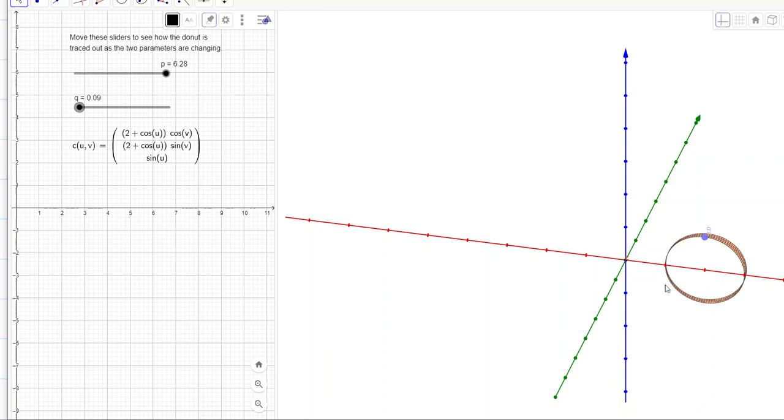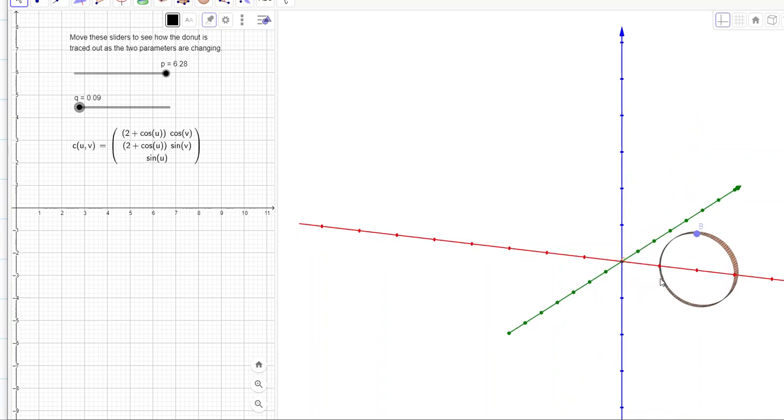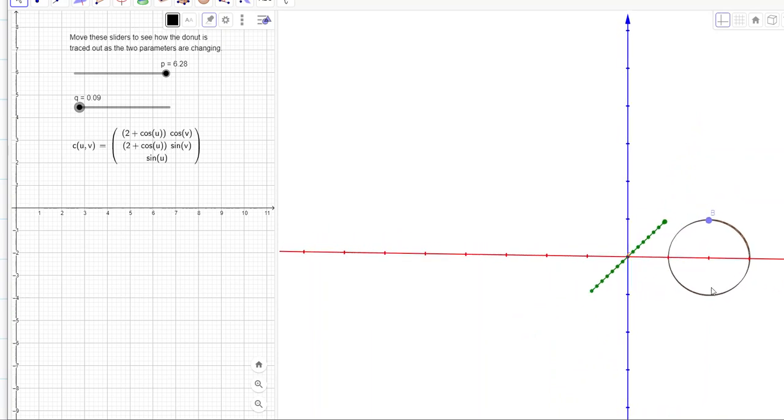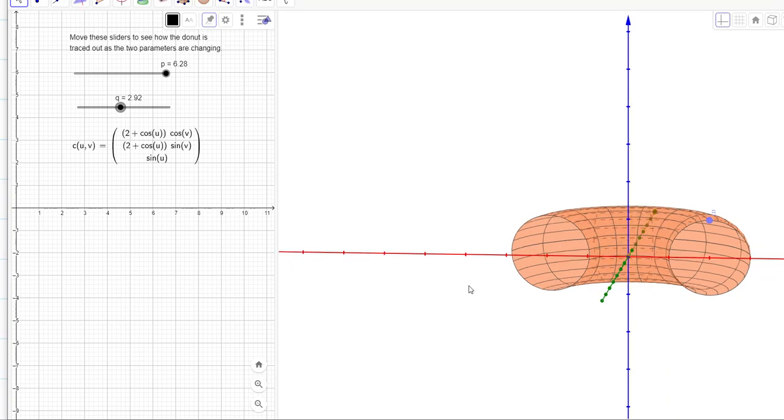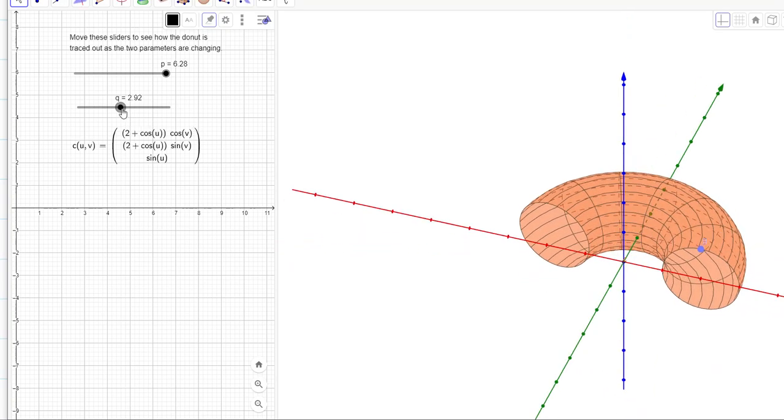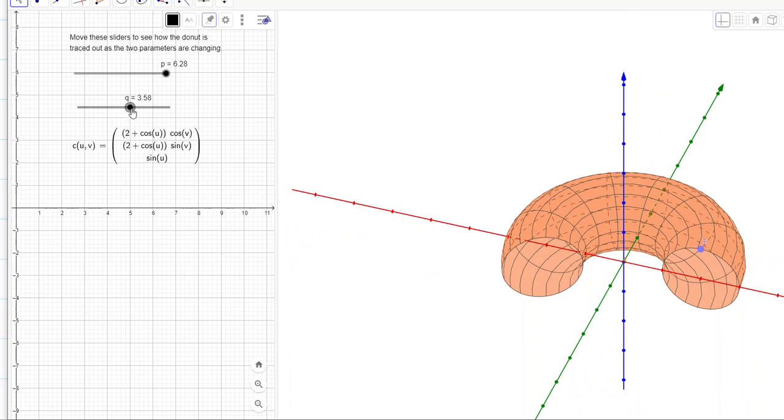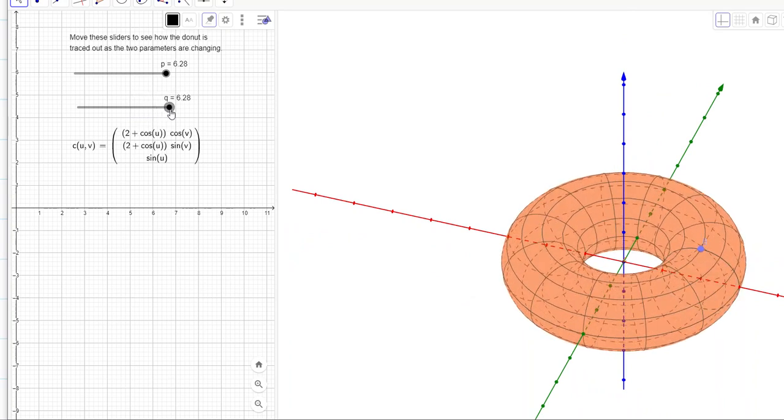This is the circle in the XY plane. If we rotate this circle about this vertical axis, the y-axis, that's how the torus is sketched. This is one variable, q.